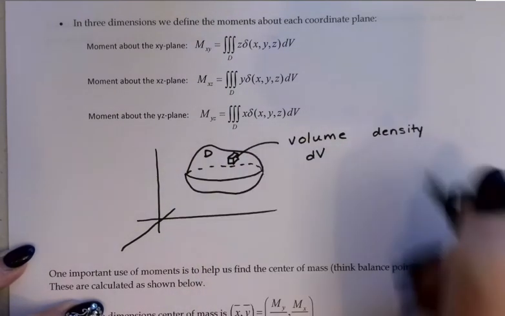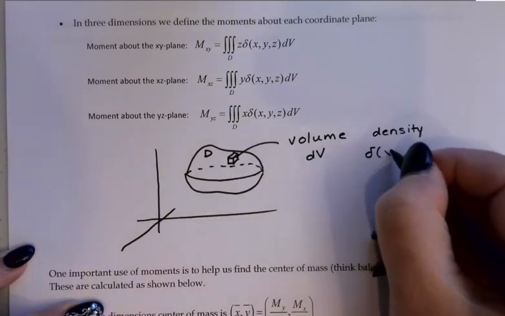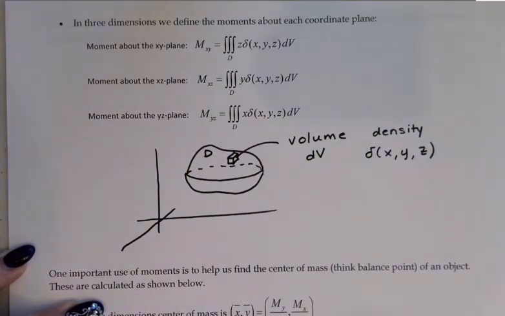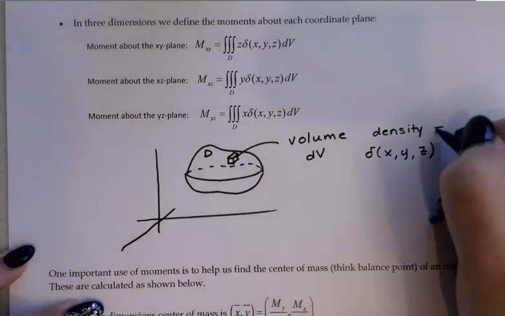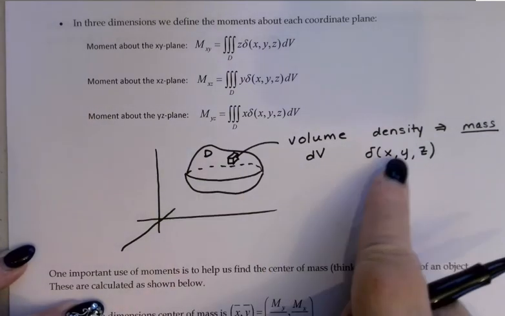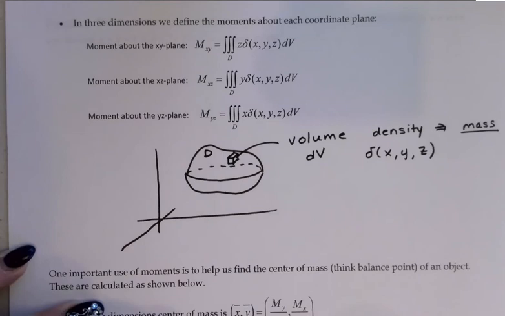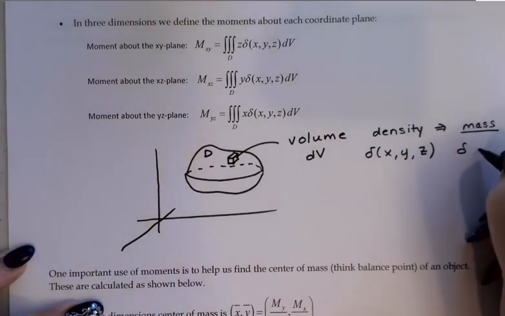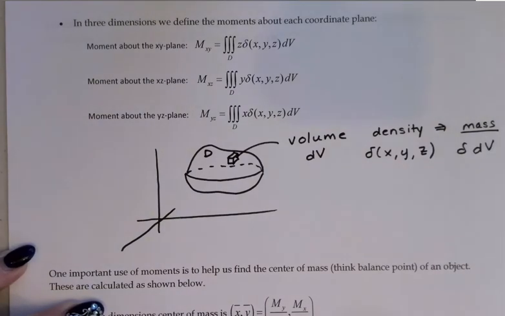That little chunk of volume has density function delta of x, y, and z. And so the mass of that little chunk would be the volume times the density. So I'm going to abbreviate my density as just delta, since I'm running out of space, times dV.